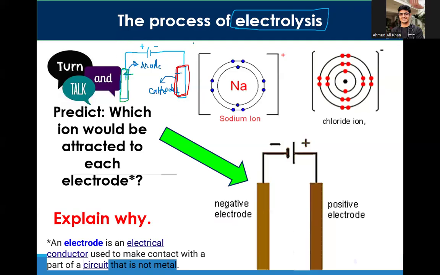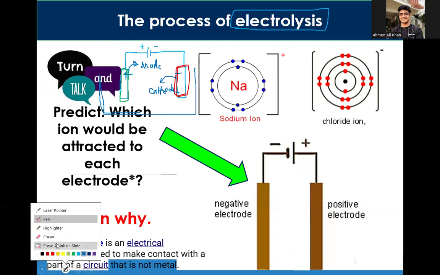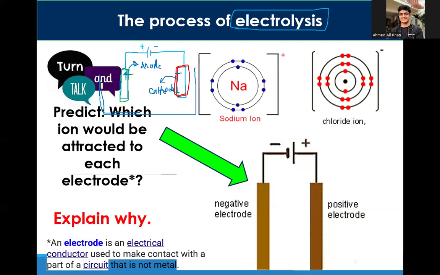Now, if you submerge this whole unit in a container, let's draw a container, and this container is filled with a very conductive solution.